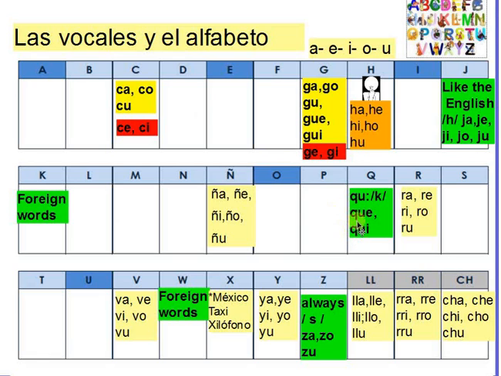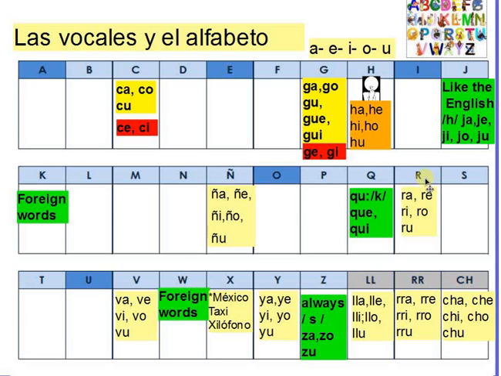Well, in order to spell ke, you have to write Q-U-E. And in order to spell ki, you spell Q-U-I. Okay? So actually, if we just talk about sound, I could go ka, ke, ki, ko, ku. I hope it makes sense.